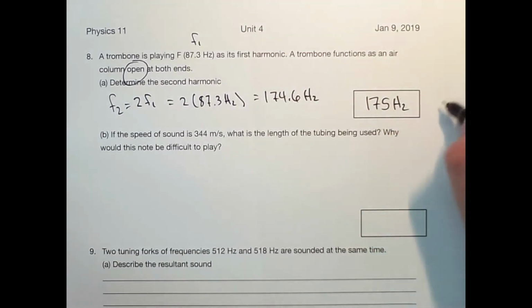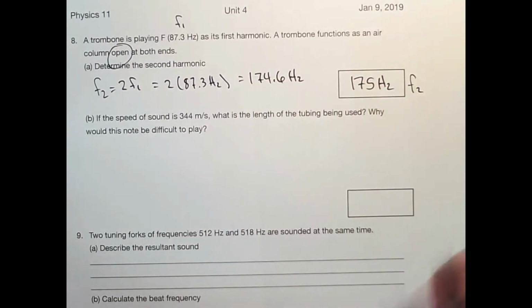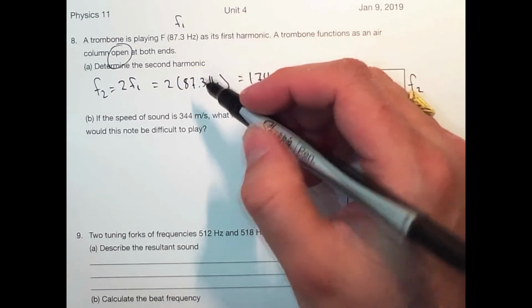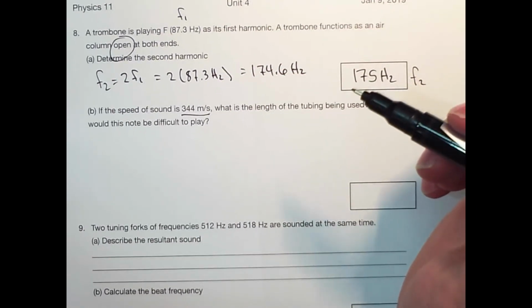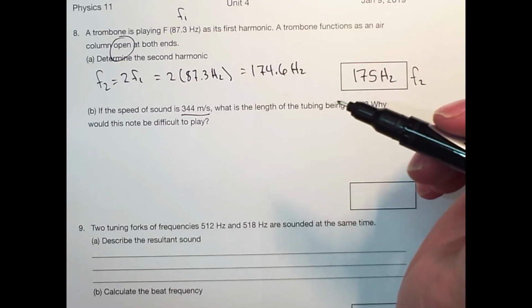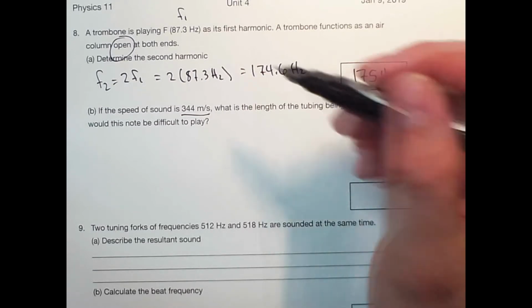So the first overtone would be 175 hertz. If the speed of sound is 344 meters per second, again, that's the number we will assume anytime we're not given it, what is the length of the tubing being used?